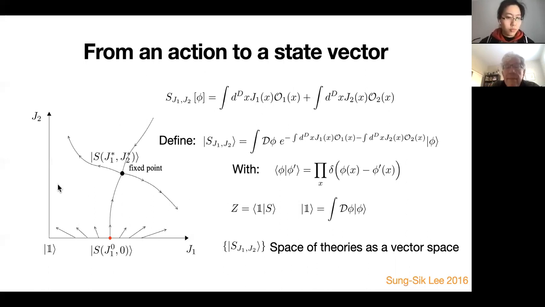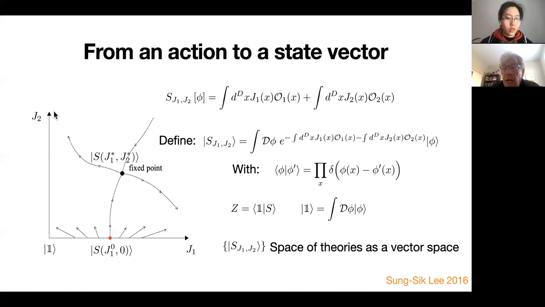We can of course consider the coupling, the source, to be space-time dependent. And here in the coupling space, I don't draw any space-time dependence for simplicity. So the action written in this form is very general. All right, thank you.